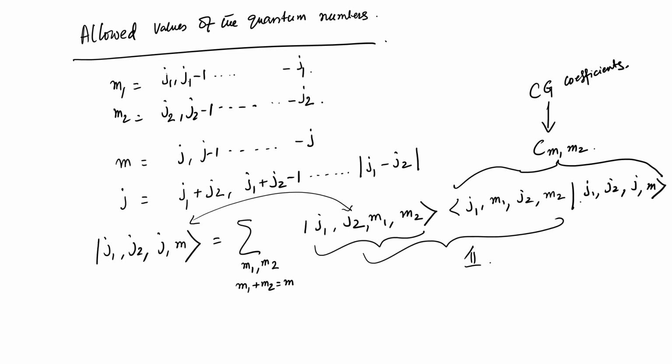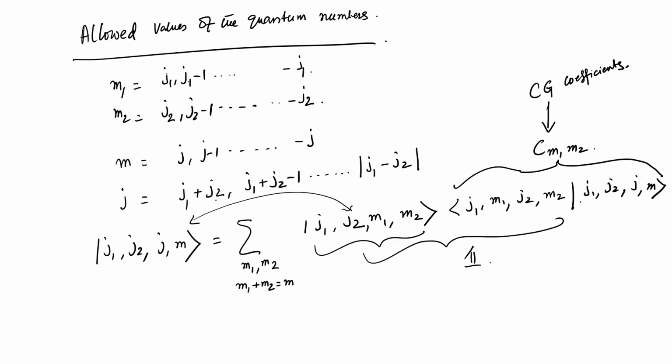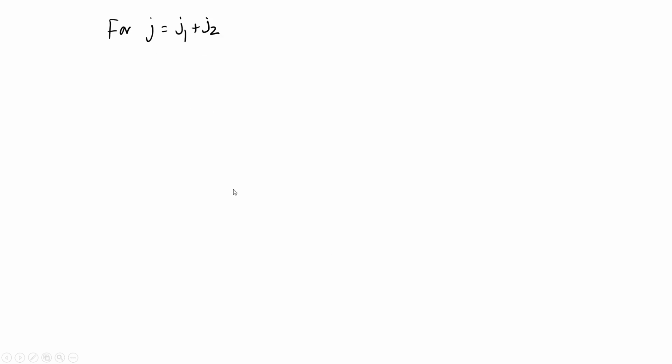Okay, so let me draw a table which will probably be simpler for you to understand what we are trying to do. Let us take J equal to J1 plus J2. That is the maximum value, we have said that here, and the minimum value is J1 minus J2. So, this is the maximum value.